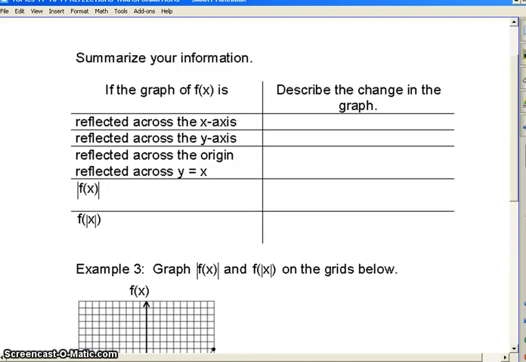Summarizing our information, if the graph of a function is reflected across the x-axis, that means that the points that were on the top are going to go down, the points that were below are going to go up. So how does the graph change?